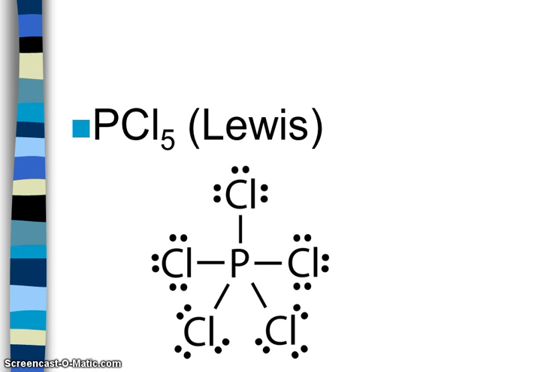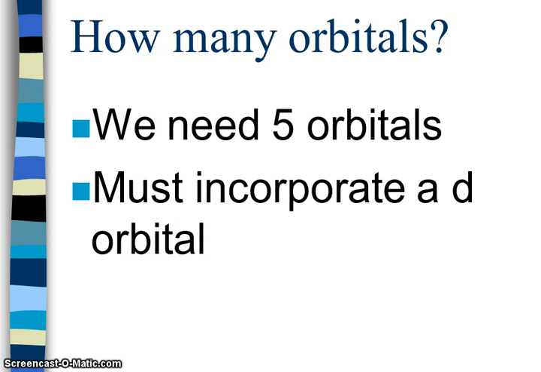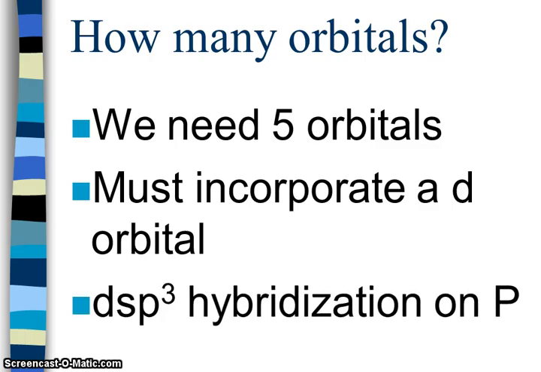In phosphorus, we've got 5 bonding pairs of electrons. And when we need 5 bonding pairs of electrons, we're going to have to incorporate our d orbitals. So phosphorus is going to be dsp3 hybridized. We're going to continue this PowerPoint on our next slide.